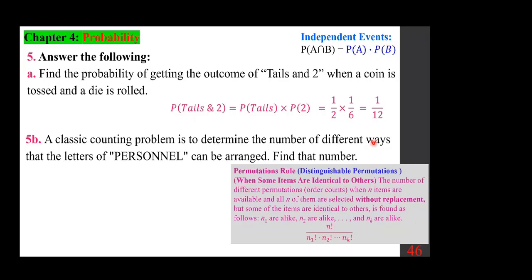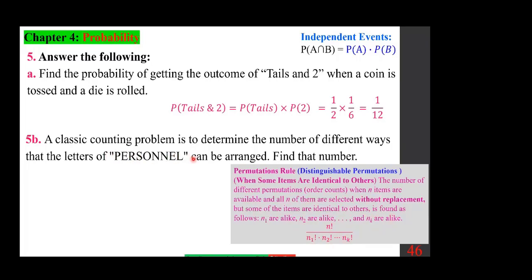When some items are identical to others, the number of different permutations, when n items are available and all n of them are selected without replacement, but some of the items are identical to others, is found as follows. n1 are alike, n2 are alike, so on and so forth. This is the formula. So let's see what we have here.